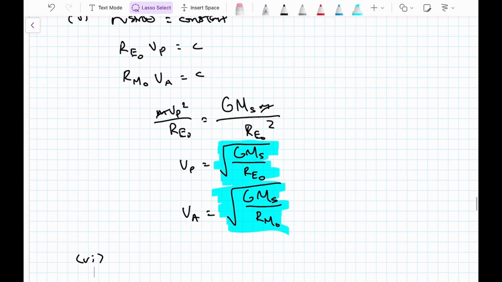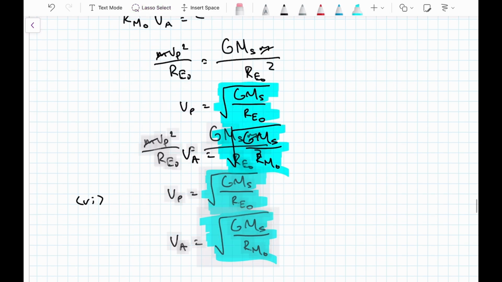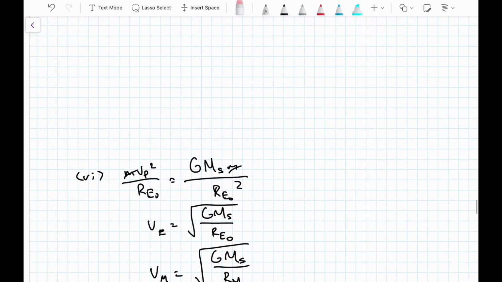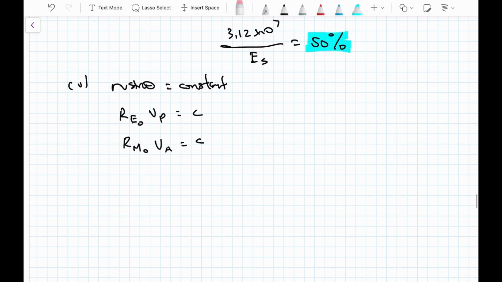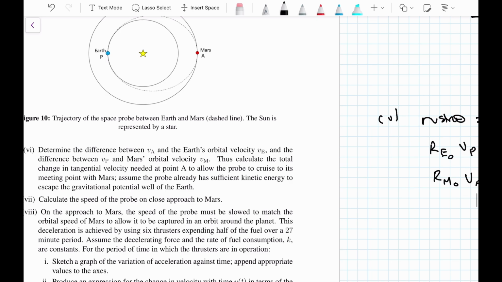But what we can do is move this down over here, and then this should be VE and VM, and then we can use this for this question. Now, let's return to this question. We want to calculate VA and VP.